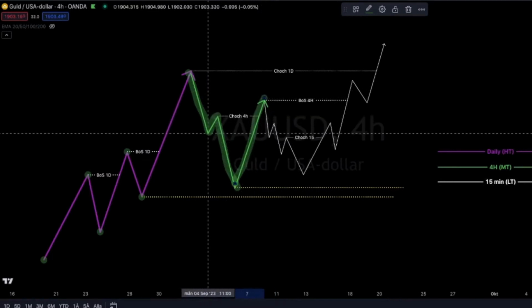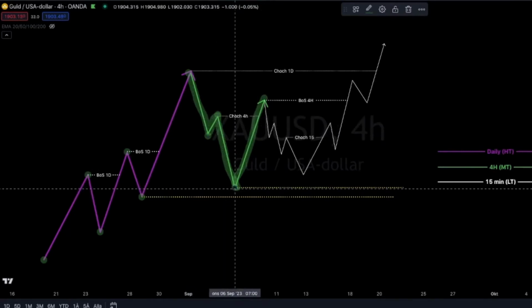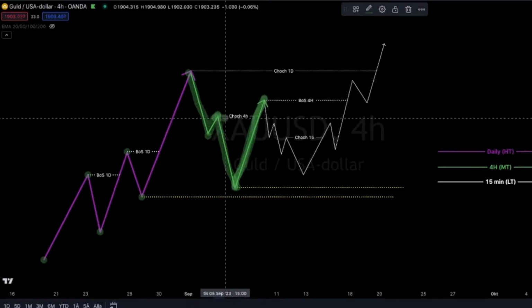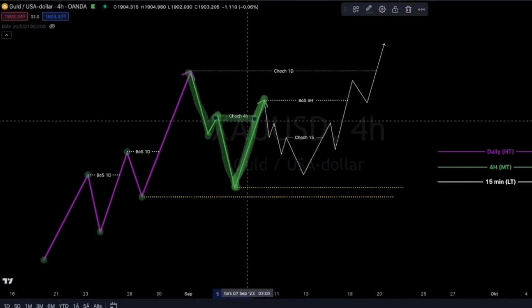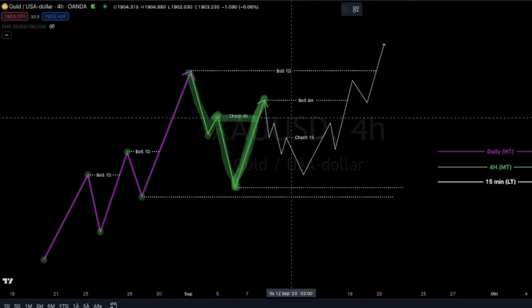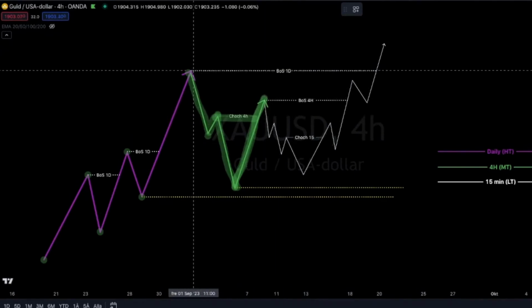So it created a low, a high, and a lower low, and now pushes up internally and breaks this structure, change of character on the 4-hourly time frame. Our first sign that the market now wants to push up again and probably even break this high here.